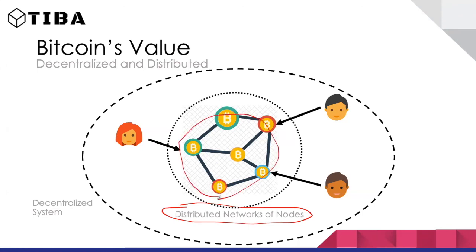All the full nodes are part of this, so they talk to each other, and then they figure out a consensus on the state of the blockchain that they agree upon, and then other people like regular users are able to access and send Bitcoin through them. So by themselves, they're a distributed network, but as a whole system, Bitcoin is a decentralized system.